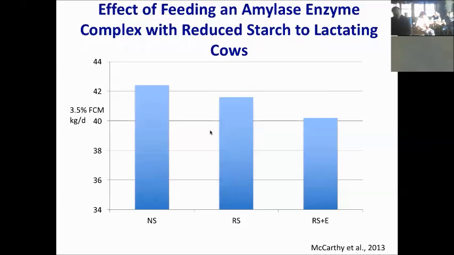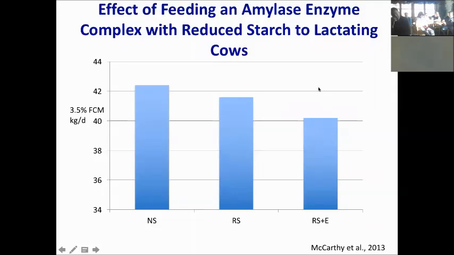Other work out of Tanya Gressley's lab, also in my department, worked with normal starch, reduced starch with an amylase enzyme, and actually did not see any type of improvement in milk production when we use the enzyme in the reduced starch diet. And Shaver's group has also done several studies with the amylase type enzymes too.